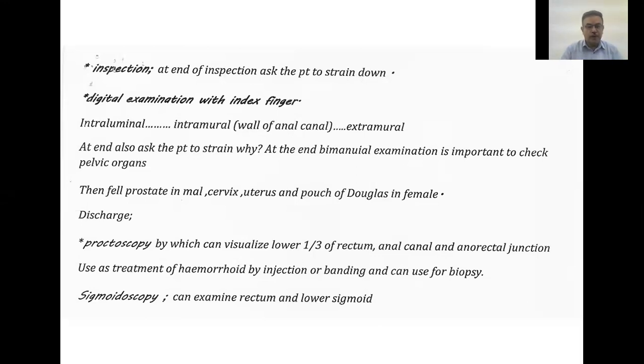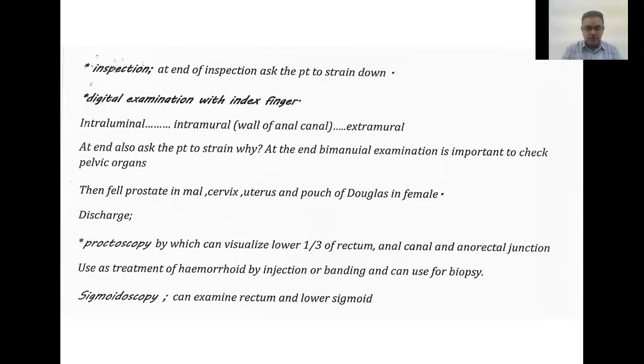Digital anal examination is done with the index finger, which should be lubricated with xylocaine. We look for disease intraluminal, intramural in the wall of the anal canal, and extramural.